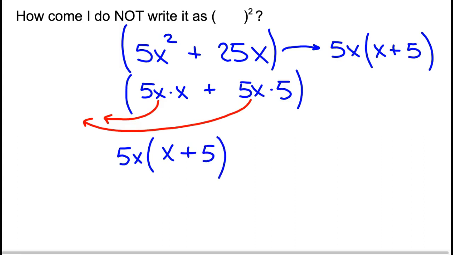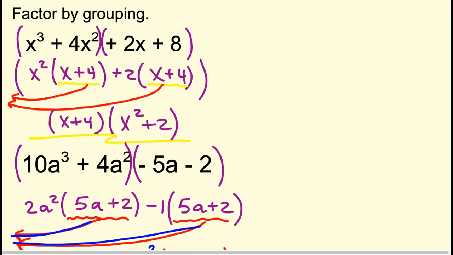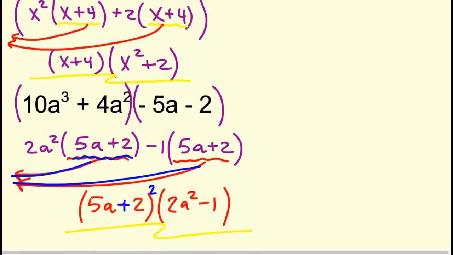It's not like I have 5x squared when I pull it out. That's the same thing as what we were doing over here: we're taking 5a plus 2 out from each term. So it shouldn't be 5a plus 2 squared, right? It's not squared. There's just one little 5a. Hopefully that helped a little bit.